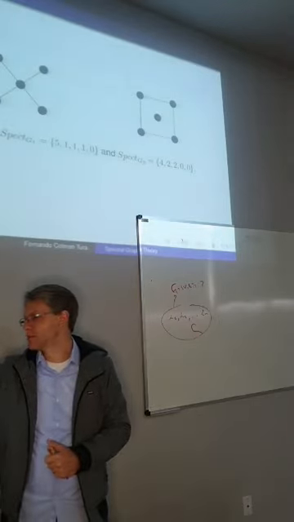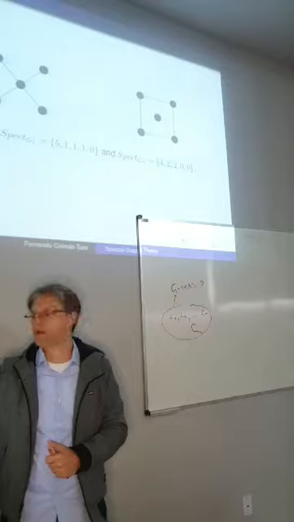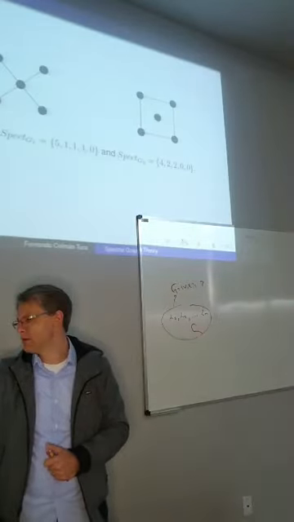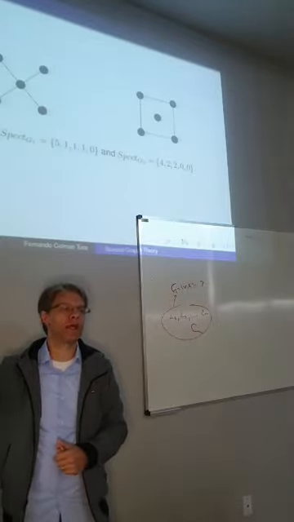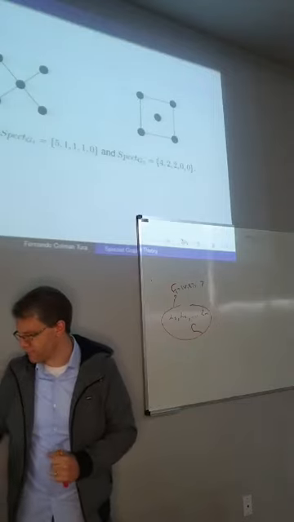In other words, the graph on the right is a disconnected graph. I have two components here. So the eigenvalue 0 gives us the number of components of the graph. This is very interesting.